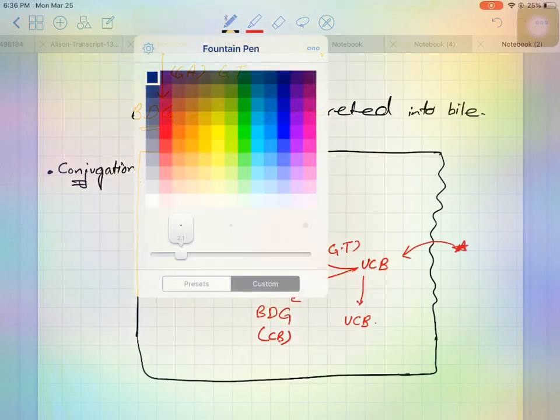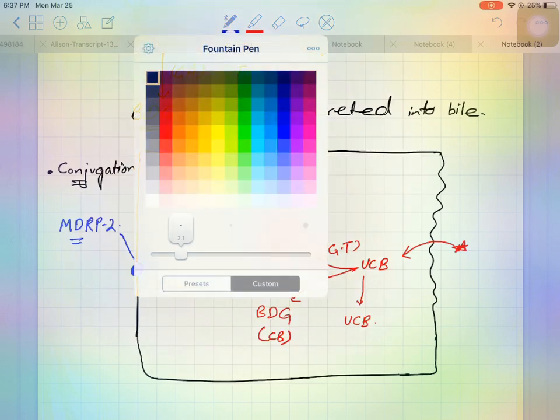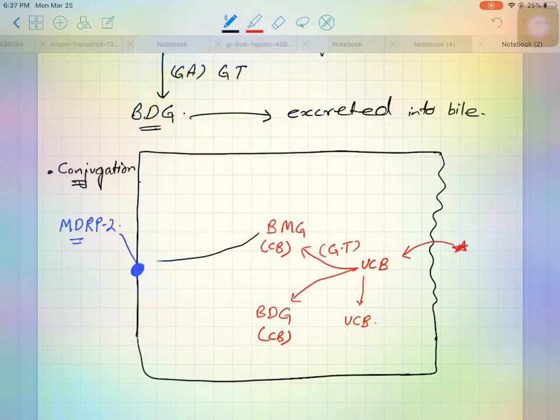Here specific transporters are present, and they are responsible for the excretion of conjugated bilirubin. These are called multidrug resistance-associated protein type 2. This protein is responsible for the removal of BMG, BDG, and a very little amount of unconjugated bilirubin into the biliary canaliculi.